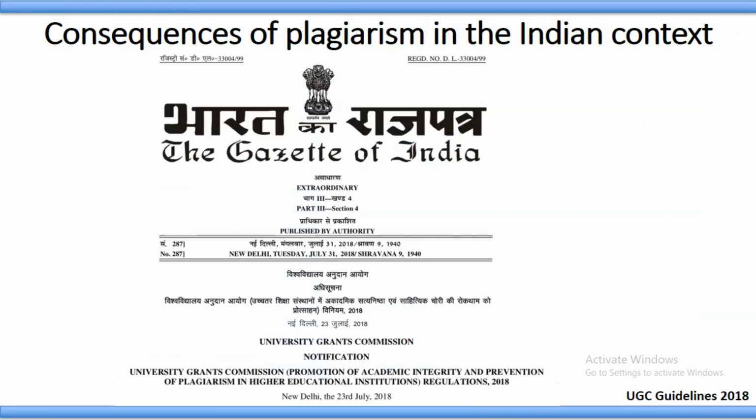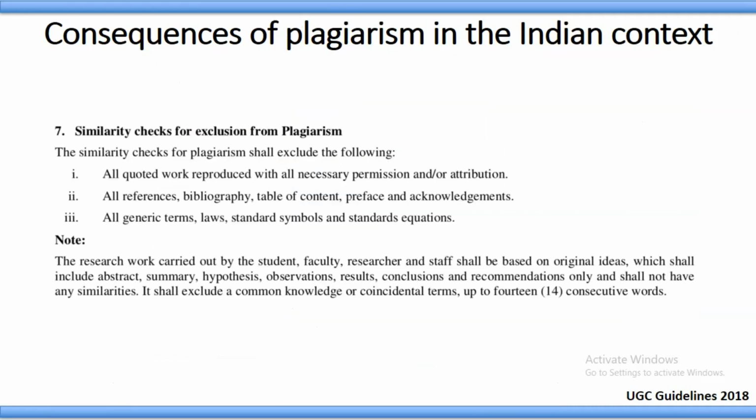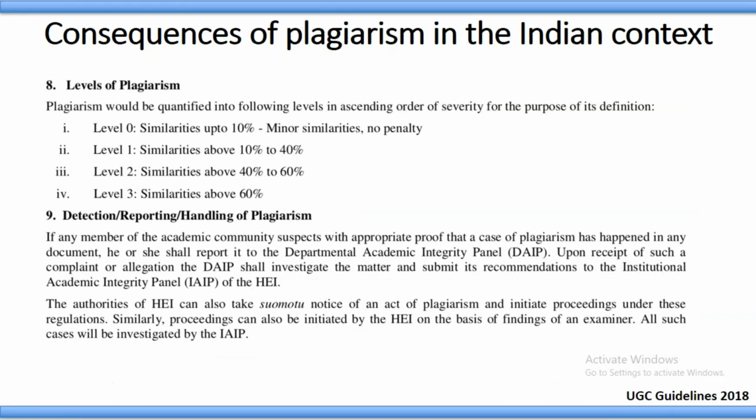And now the University Grants Commission has published regulations which higher educational institutions are bound by to investigate for plagiarism. They suggest that all theses should be checked for plagiarism. And based on the level of similarity, they have actually recommended penalties. Similarity up to 10% is acceptable, while 10 to 40, 40 to 60, and greater than 60% have different levels of punishment.